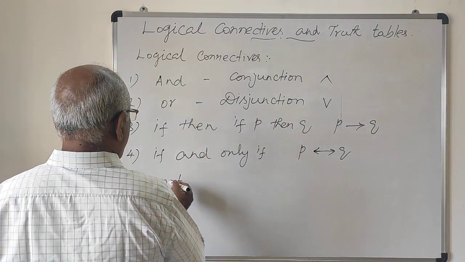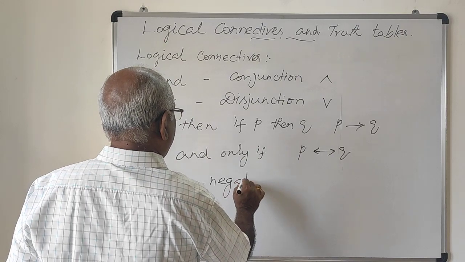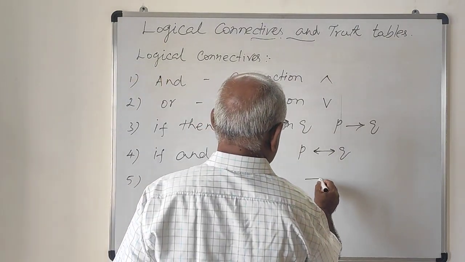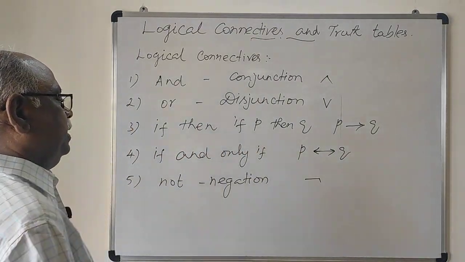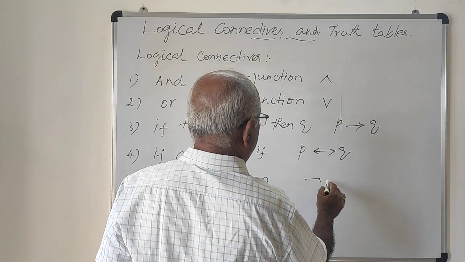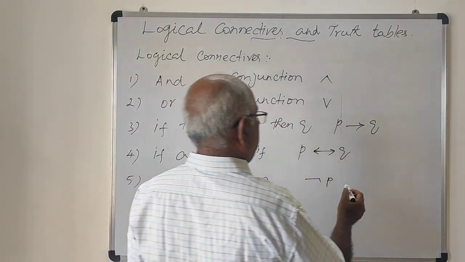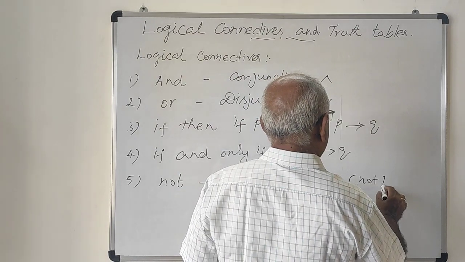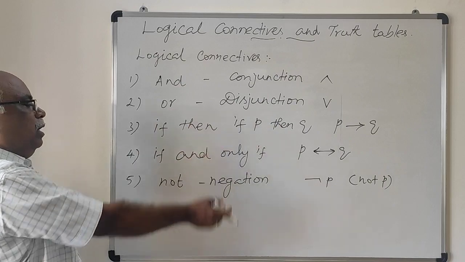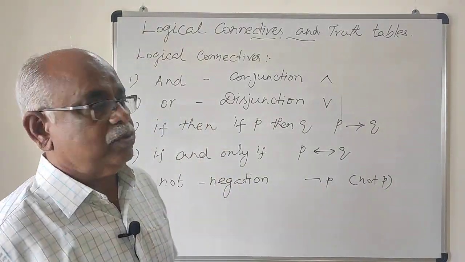And not is called a negation. It is denoted by a symbol, negation P. Not P means negation P. See, these words or group of words are called logical connectives.